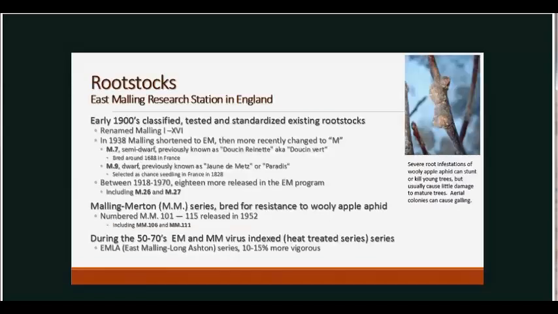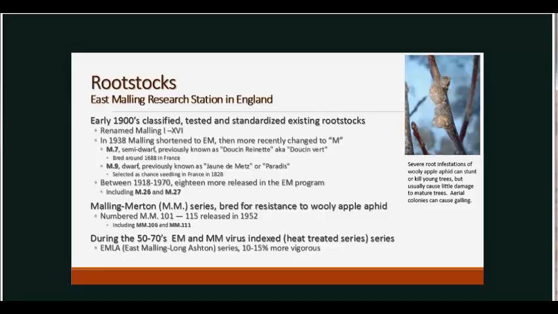To give you a little bit of history of rootstocks, in general, organized naming of rootstocks started in the early 1900s, although dwarfing rootstocks have been around for hundreds and hundreds of years, if not thousands of years.